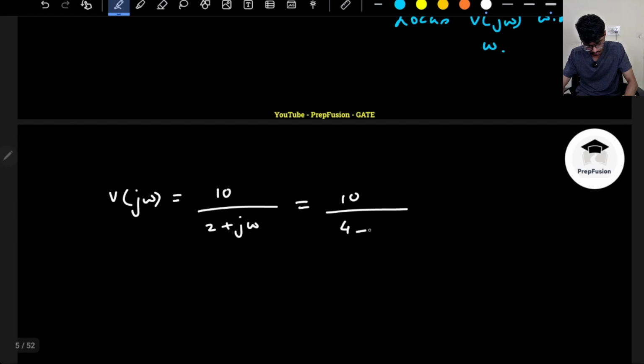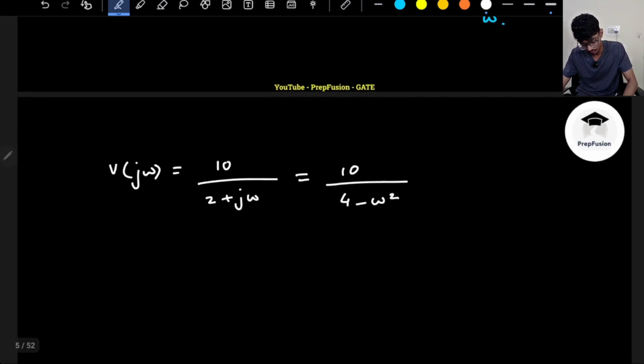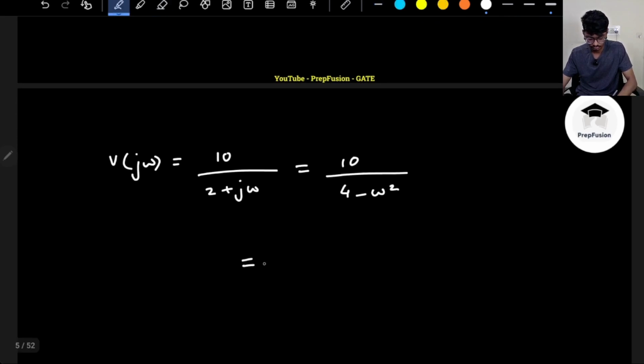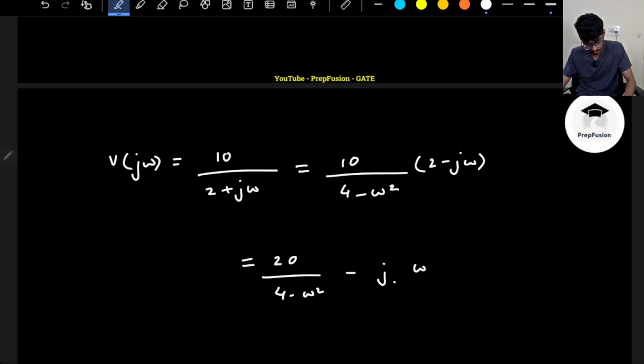So if I rationalize, this will be 10 upon 4 minus omega square, and of course you cannot forget here I have 2 minus j omega as well. So this will be 20 by 4 minus omega square minus j omega divided by 4 minus omega square.